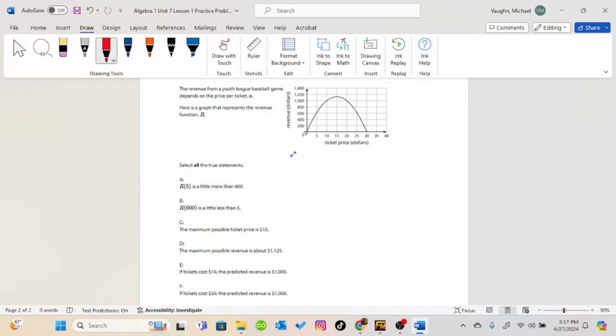So 5 is in parentheses, so that is the input, the X value. So I go to 5, I go up until I hit the line, and then I look left, and it is just a little more than 600. So A is correct.